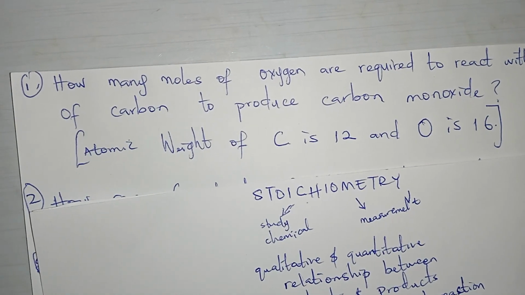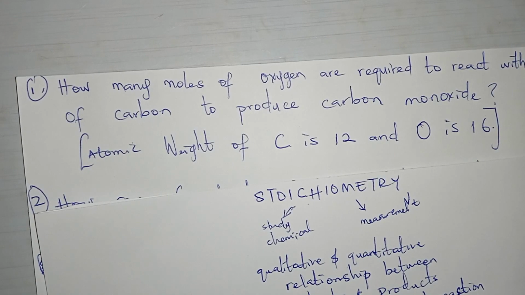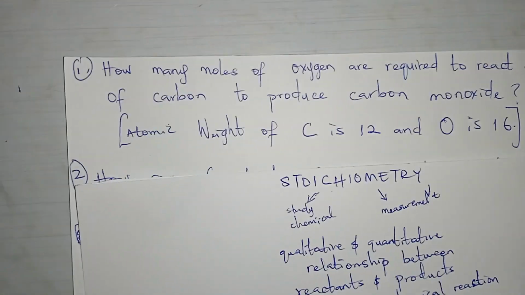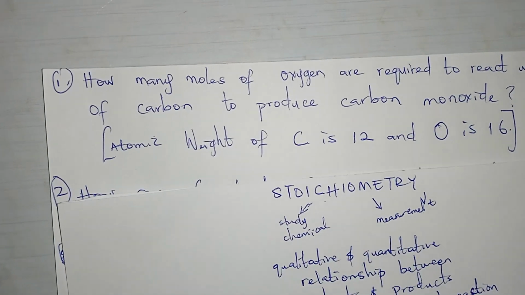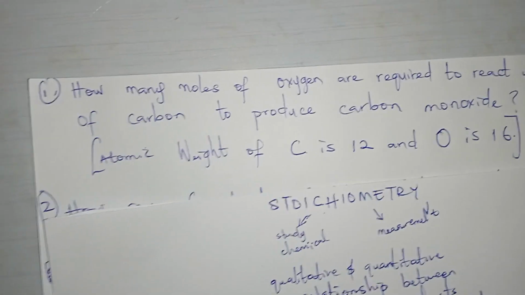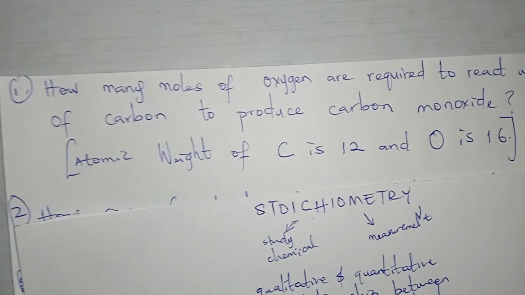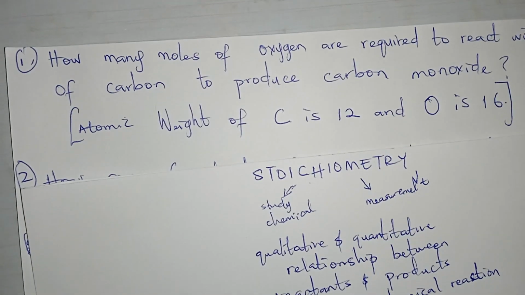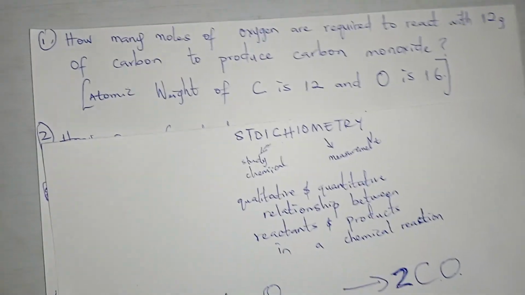The other parts that they tell you it produces, or something that is not talked about, or they tell you it has something but did not give you any value for it and did not tell you to find it, you have no business with it. Always focus on the given value against what you are told reacted, or what does not have any value but you are asked to find, either the mole or the gram or whatever they ask.